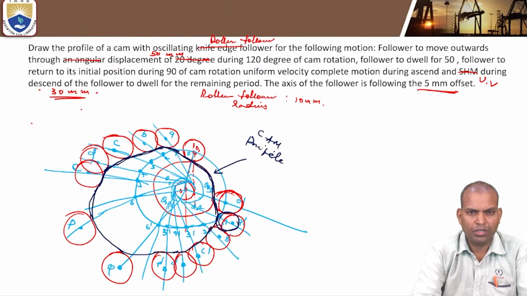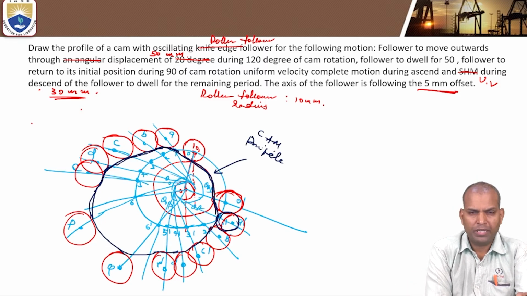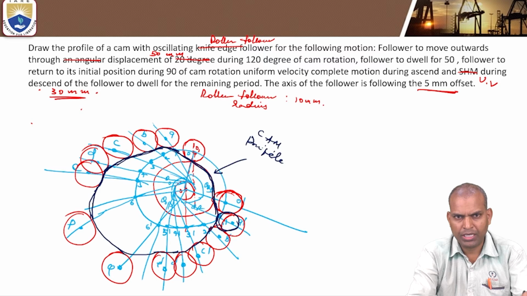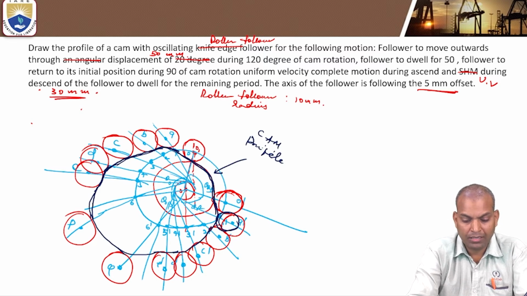In the case of roller followers, the prime circle is different from the base circle, whereas in the case of a knife edge follower, the prime circle is the same as the base circle. The radius of the prime circle is equal to the radius of the base circle plus the radius of the roller. That means the prime circle and base circle are differentiated by the roller radius. That is, here it is 10 millimeters.